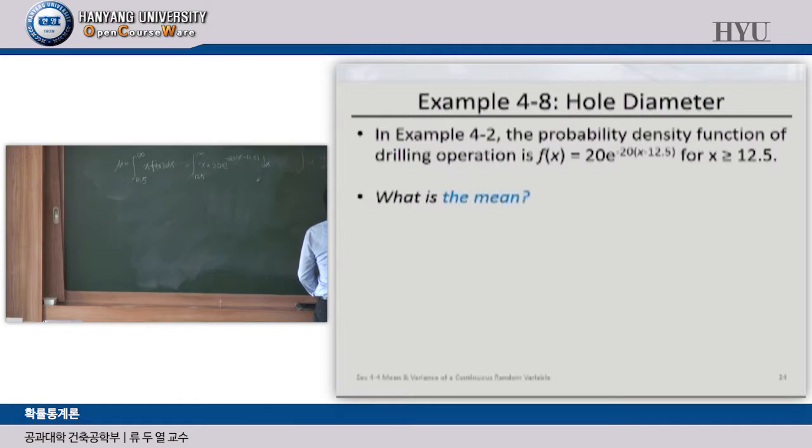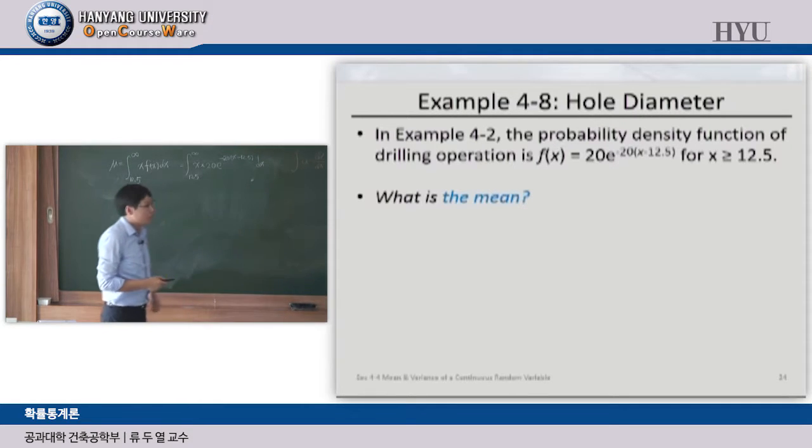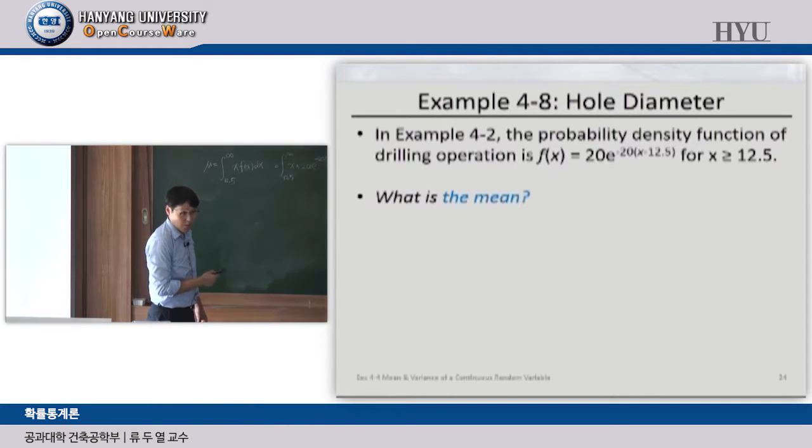That should be u, okay? We have to use this, okay?